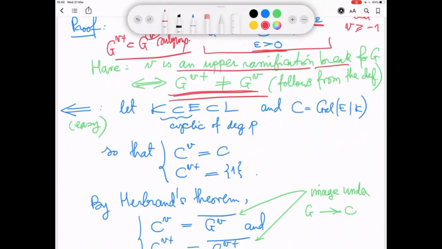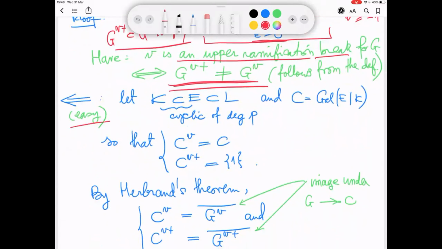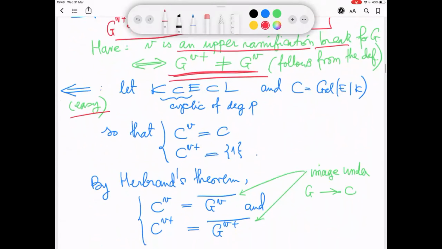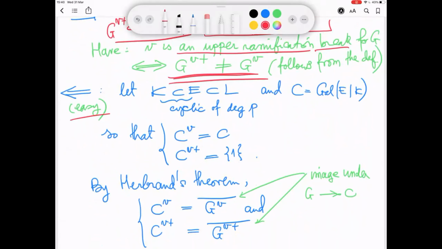Okay, so let's prove the proposition. There are two implications, since we have to prove an equivalence. Let's first prove the easy implication, which says that if v is the ramification break for a cyclic sub-extension, necessarily of degree P, then it is an upper ramification break for the whole of G. So let's take some intermediate extension which is cyclic over K of degree P. Let's call C the Galois group.